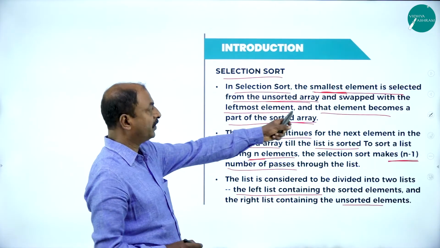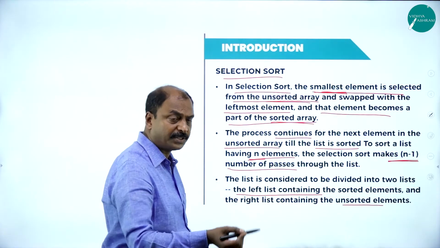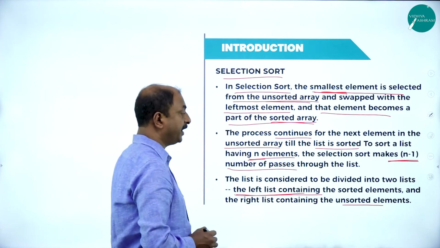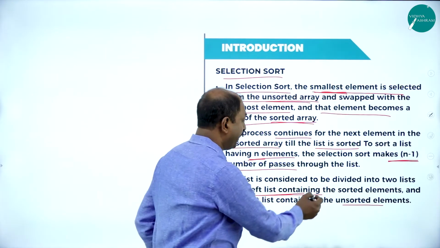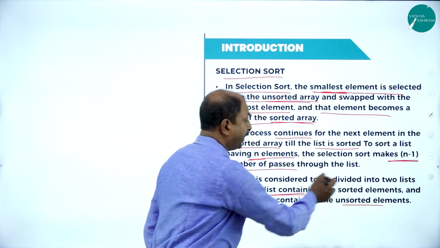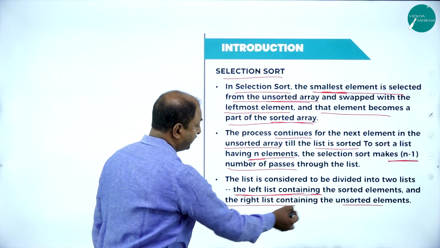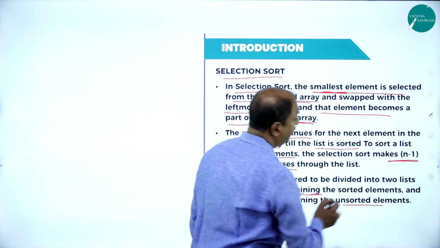And as I told you in the first point, there are two parts in the given list. The left side list is considered as the sorted elements, where we can swap the elements and it becomes the sorted elements. And the right hand side of the list is considered as unsorted elements.